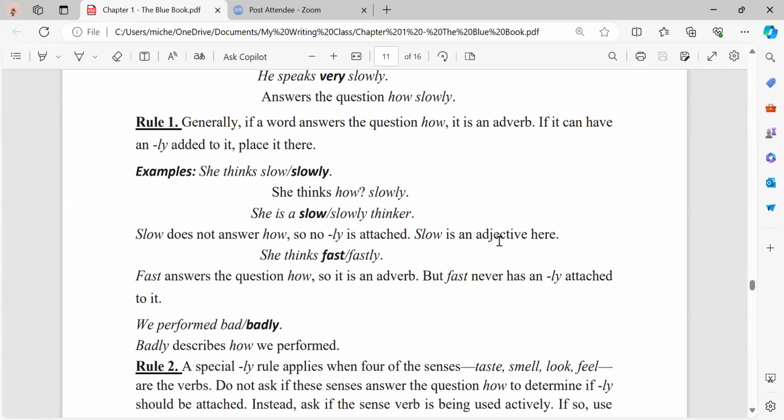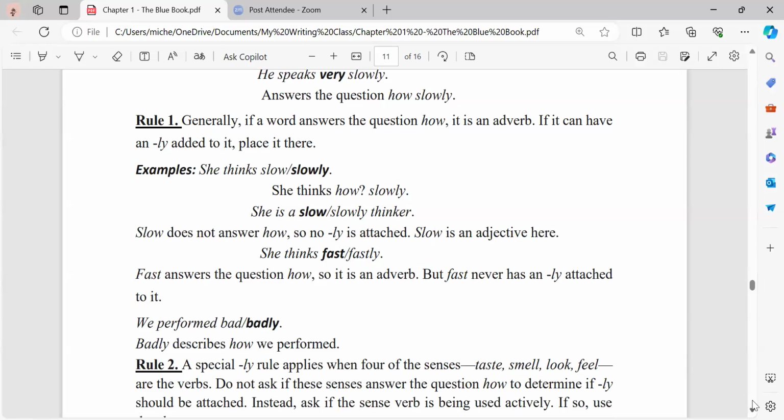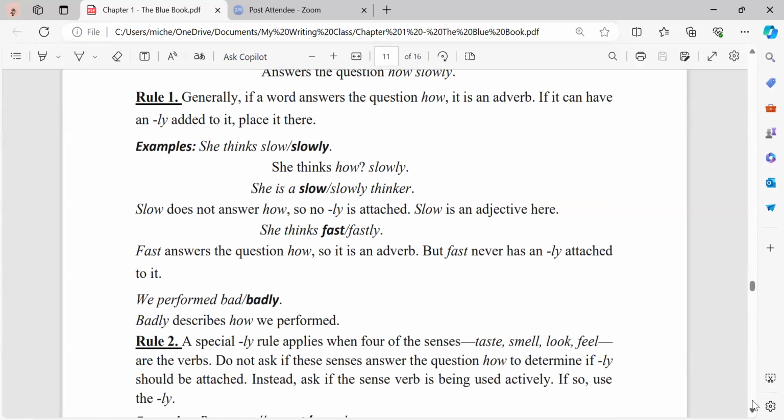So right here it is an adjective, slow, because it doesn't answer the question. Here fast answers the question how. She thinks fast.